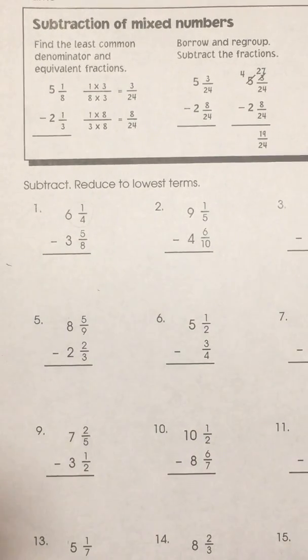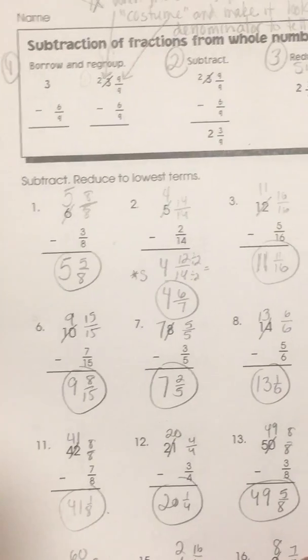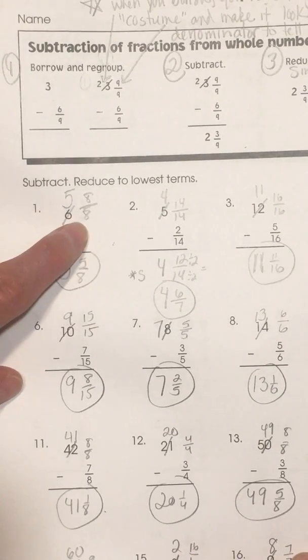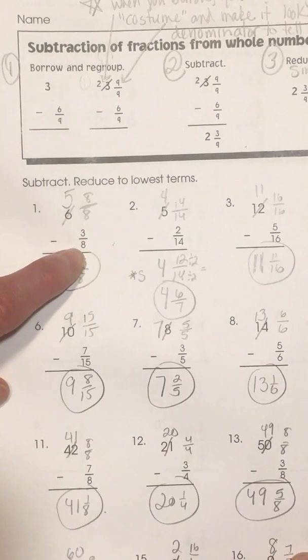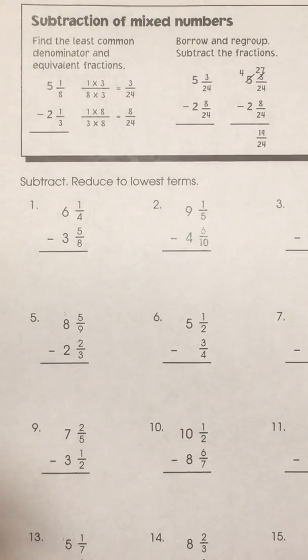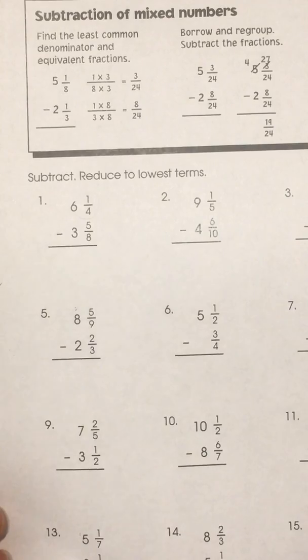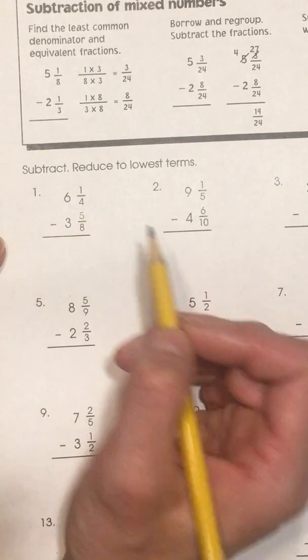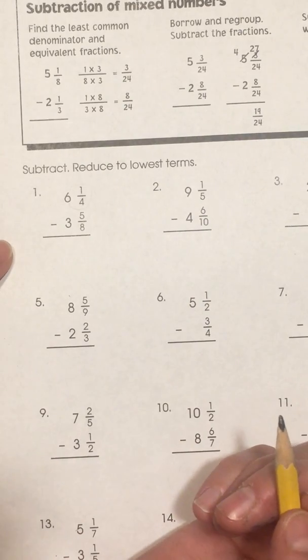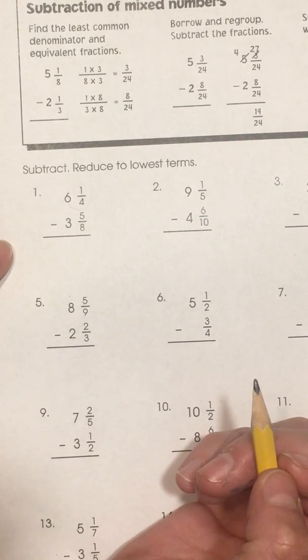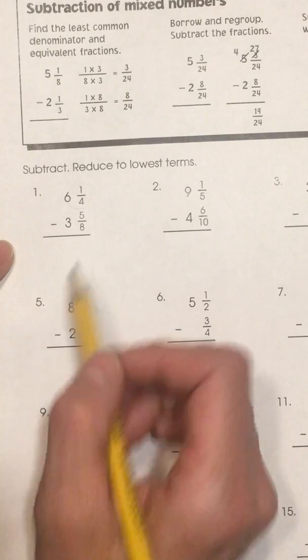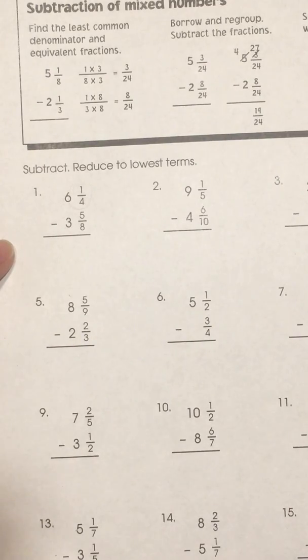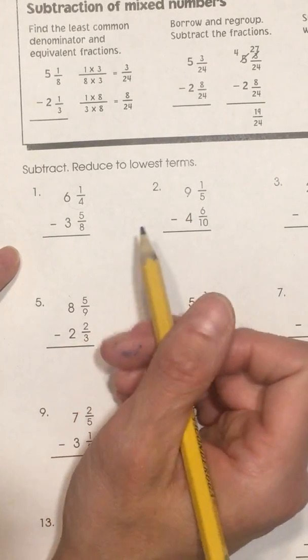On the page 50 that we completed, that fraction space was empty, and we borrowed and we had to use the denominator, okay? So it's the same idea, except now we just have to add something to this numerator to give it more. But it's the exact same steps, okay? First, we have to find common denominators though. So, you know, we gotta put a lot of different steps together.